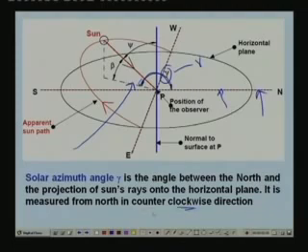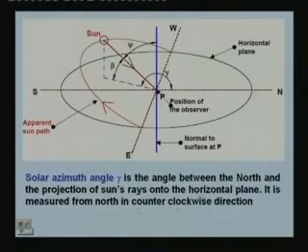Of course, this convention varies from textbook to textbook. Some people define the solar azimuth angle with reference to the south direction, some define it with reference to the north direction, and sometimes it is defined in the clockwise direction from north, and in some books in the anti-clockwise direction from the north.